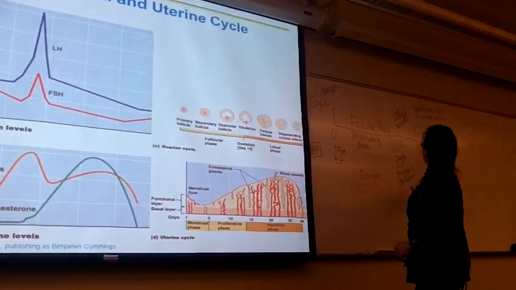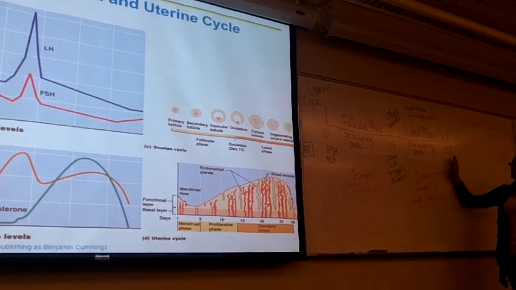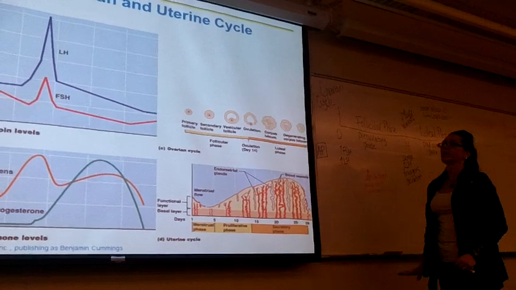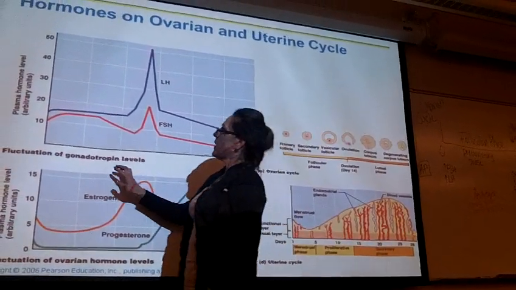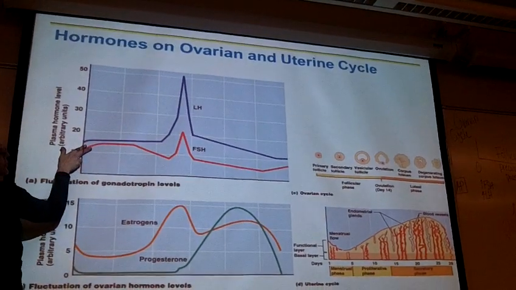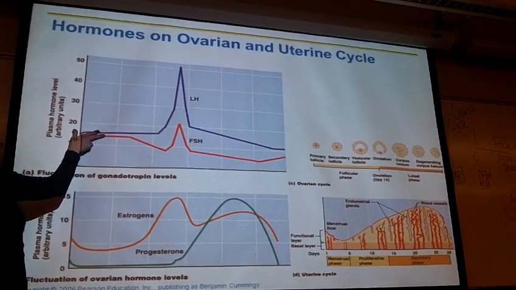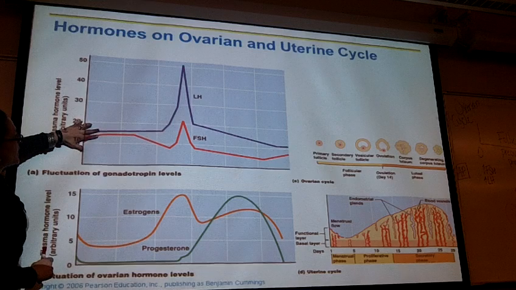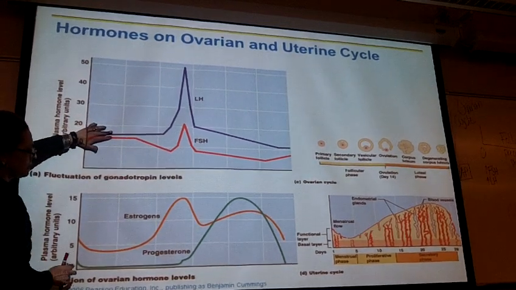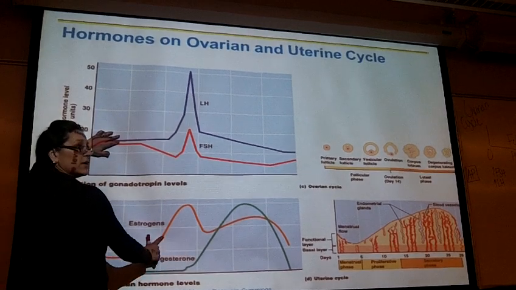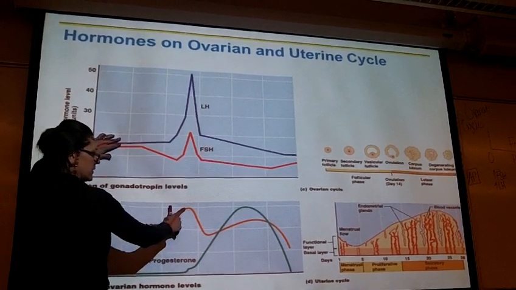Then, when the corpus luteum dies off, progesterone levels, estrogen levels are going to drop. That's going to allow FSH and LH levels to rise just a little bit, enough to trigger a new cycle. So FSH and LH levels are here. You can see as the follicles start to mature, estrogen levels start to rise.